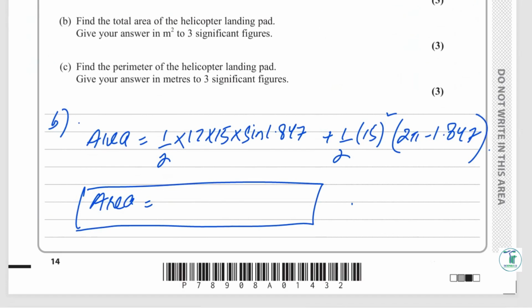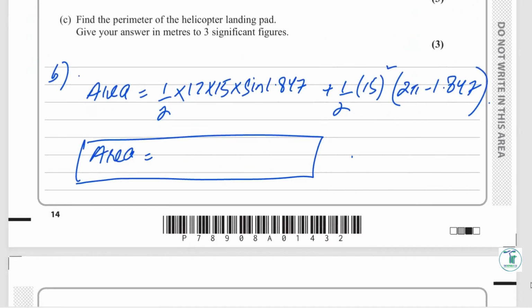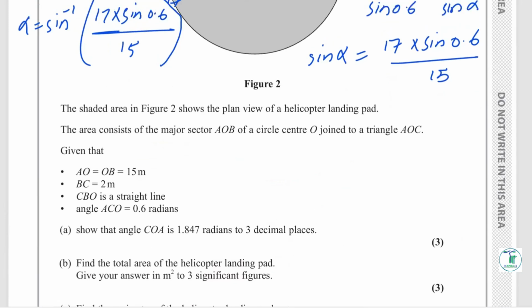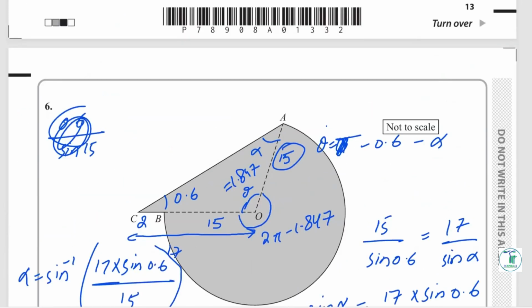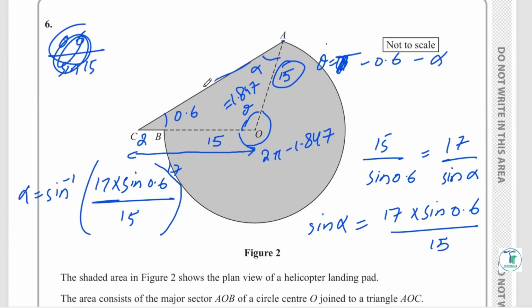Now, if you're looking at the C part, find the perimeter of the helicopter landing pad. We need to find the perimeter. How can we find it? We need this side, and we need the arc length of this circle, and this side is already given, that is 2. So how could you easily get the remaining side?